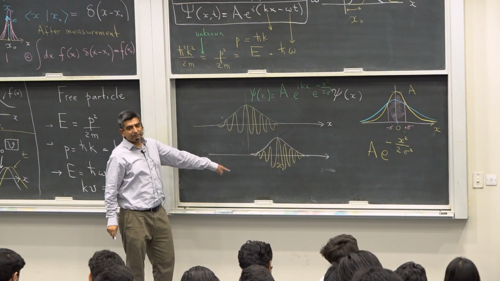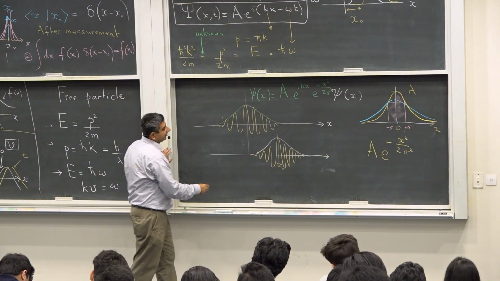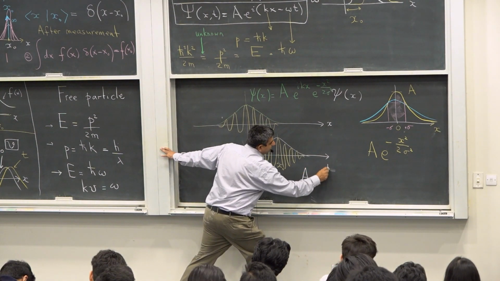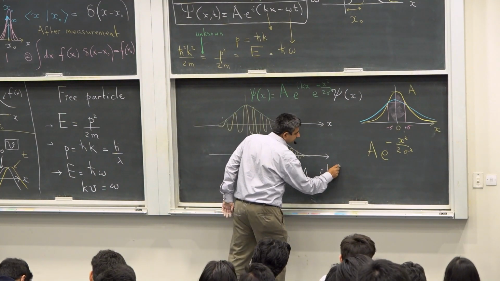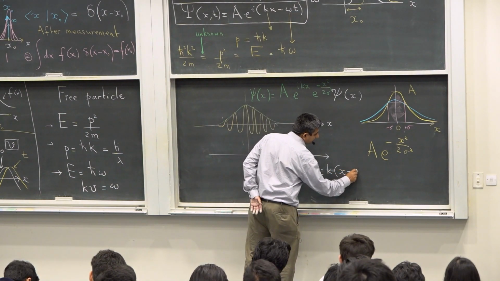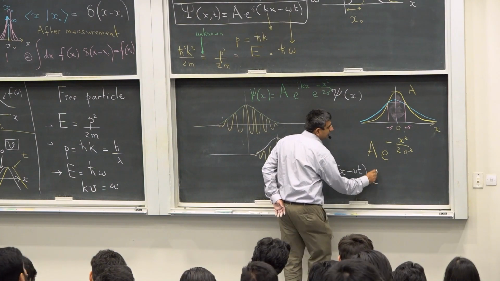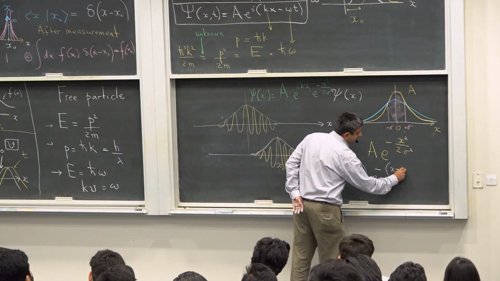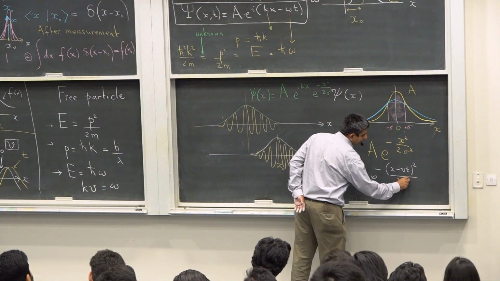So if I were to write the wave function at this point in time, it's going to be A e^{ik(x - Vt)} e^{-(x - Vt)^2 / 2 sigma^2}.